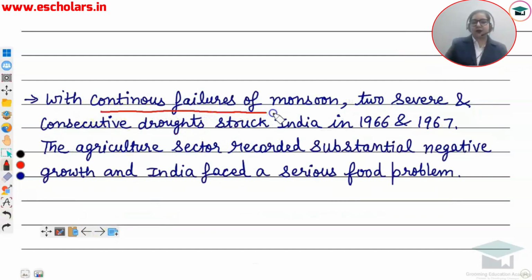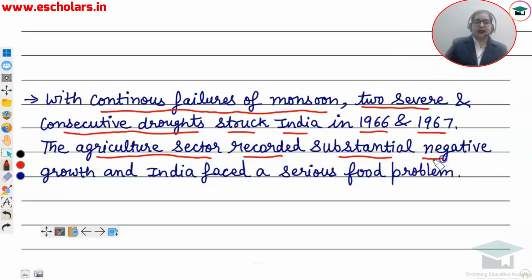With continuous failures of monsoon, 2 severe and consecutive droughts struck India in the years 1966 and 1967. Due to those droughts, the agriculture sector recorded substantial negative growth, as the productivity of the agriculture sector was hampered to a large extent.